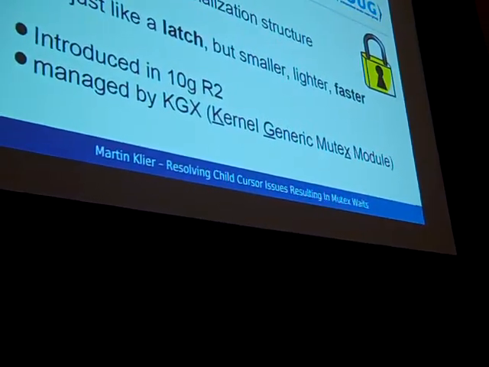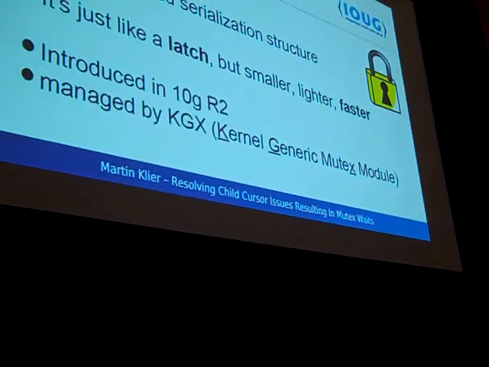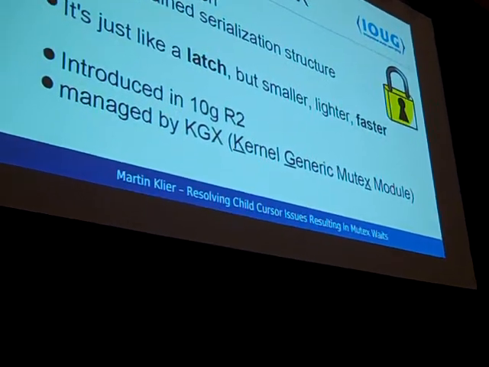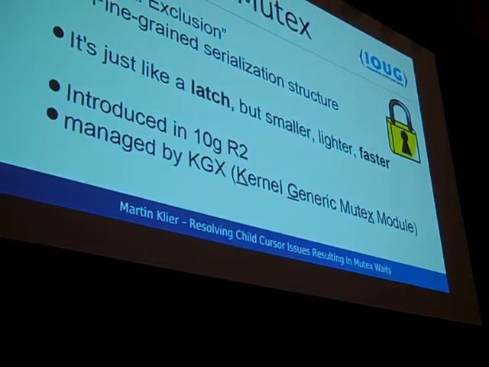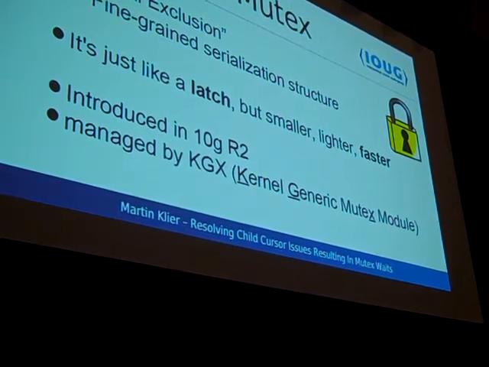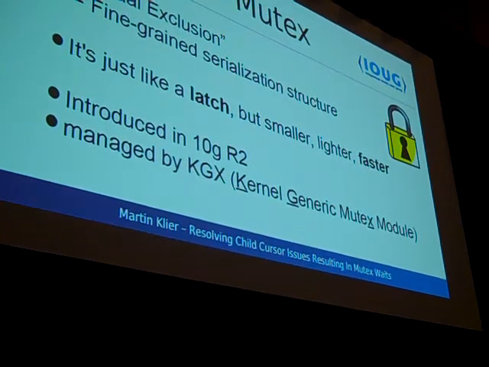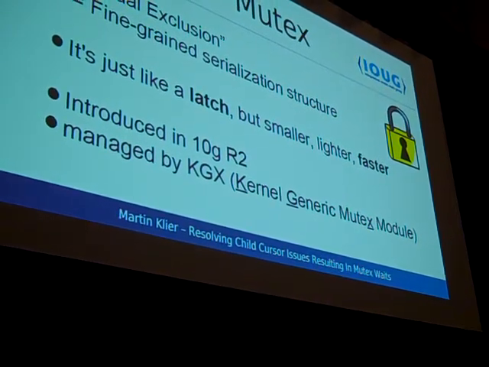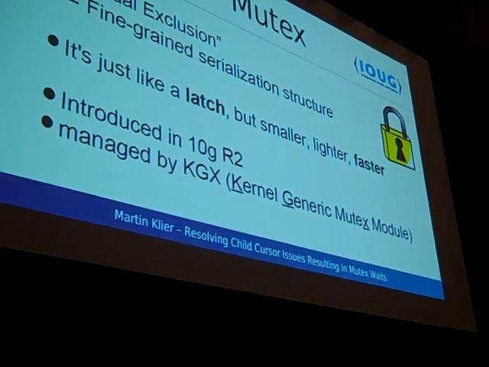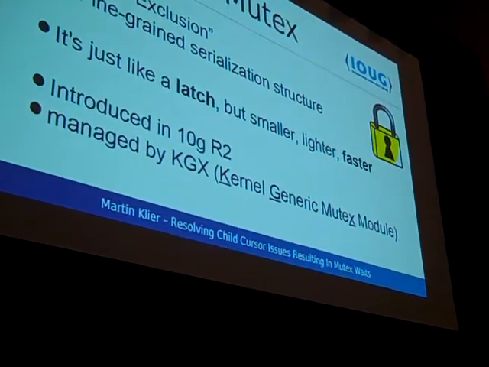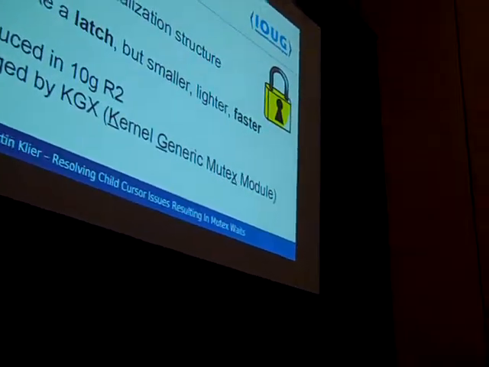The mutex is called a mutual exclusion. It's just another word for a serialization item. In Oracle terms, it's like a latch, but faster. The reason why it's faster is that it's not realized in software anymore. As far as possible, Oracle is using operating system-based mutex functionality.